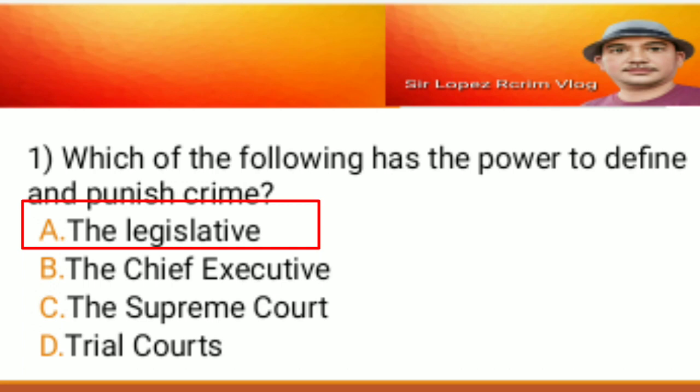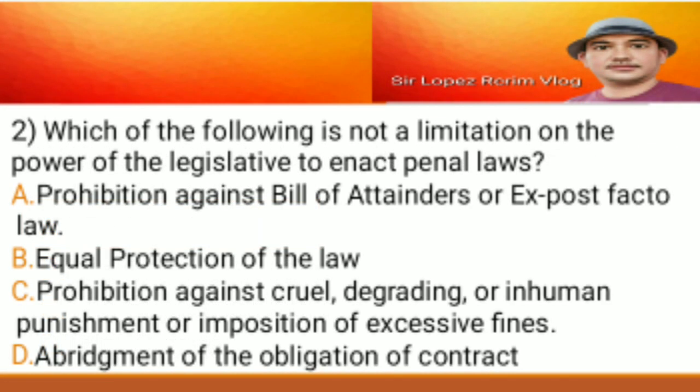Okay, so number 2, which of the following is not a limitation on the power of the legislative to enact penal laws? I would like to italicize the words not a limitation. Letter A, prohibition against Bill of Attainders or ex post facto law. Letter B, equal protection of the law.